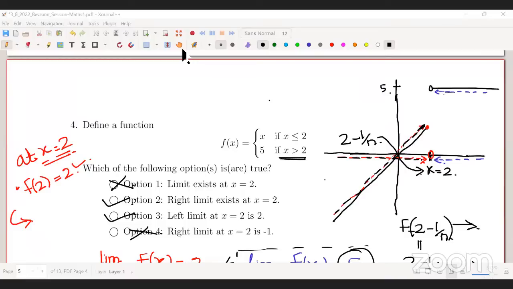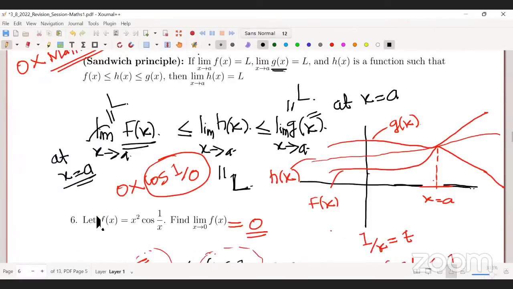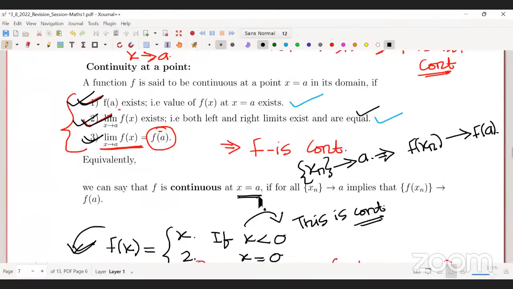The problem is, in the definition, if for all sequences xn which converge to a, it implies that f of xn also converges to f of a, then only I can say that f is continuous at a.